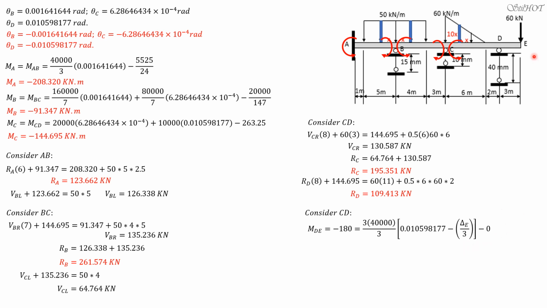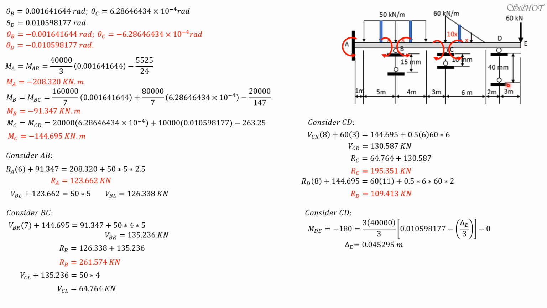fixed moment 0. So again, our assumption here is E is below the original axis. If the result is positive, our assumption is correct and delta E is negative. But if the result is negative, it means that E is above horizontal line DE. So delta E is 0.04529 meter, and because it's positive, our assumption is correct that the deflection at E is downward.